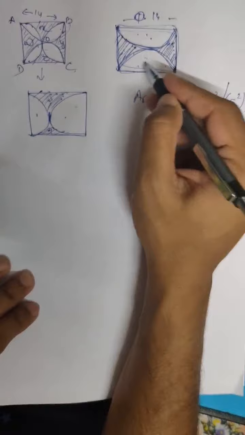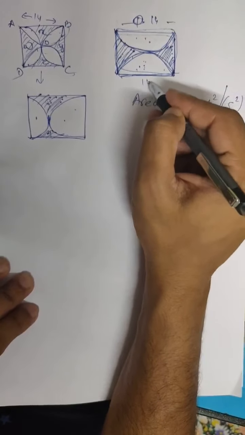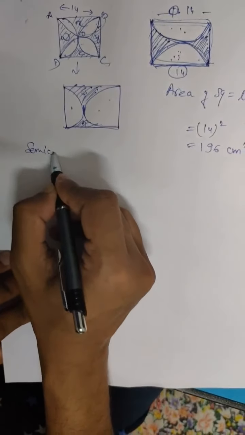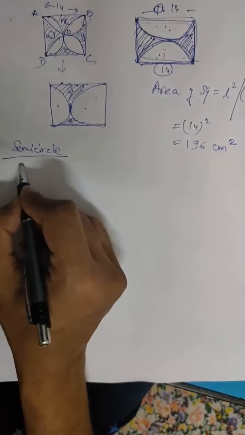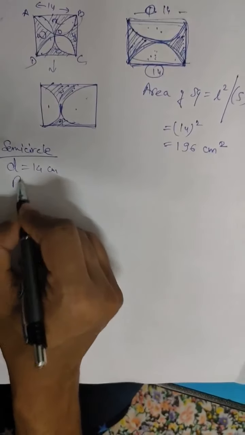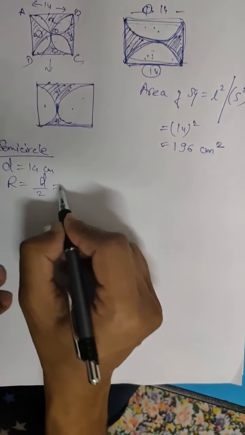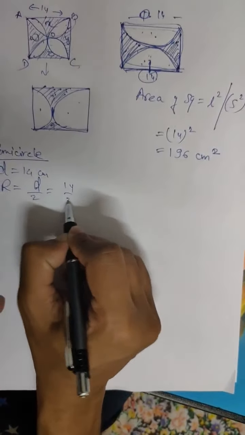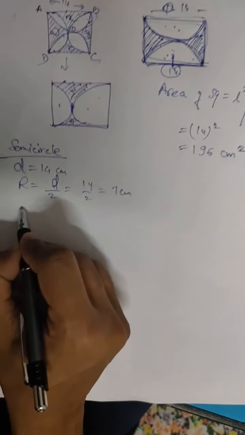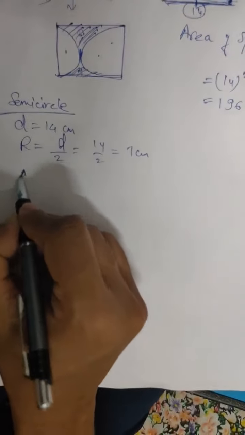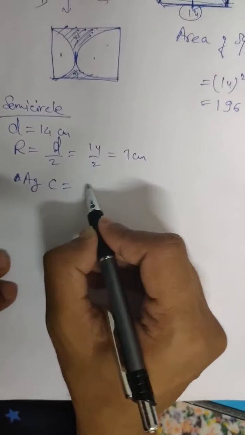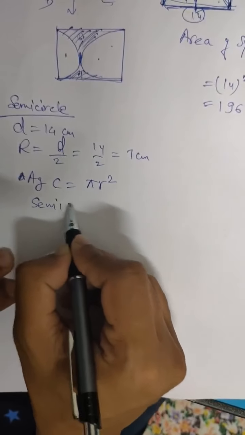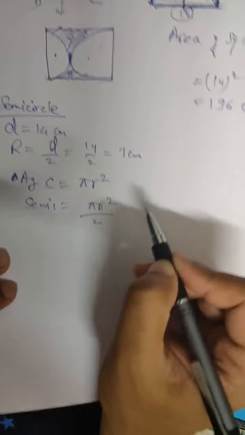And area of the semicircle, for this one, this is the diameter 14. So the diameter of the semicircle is 14 centimeter. So radius is always diameter divided by 2. Half of this one is the radius. So 14 by 2 equals 7 centimeter. And we know the area of a circle is pi r square, and the area of a semicircle is pi r square by 2.